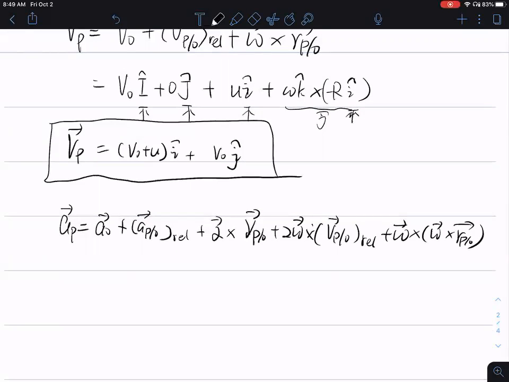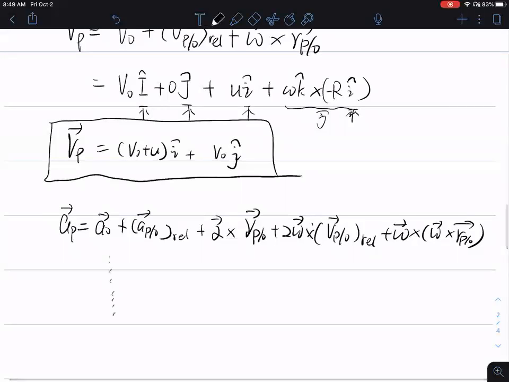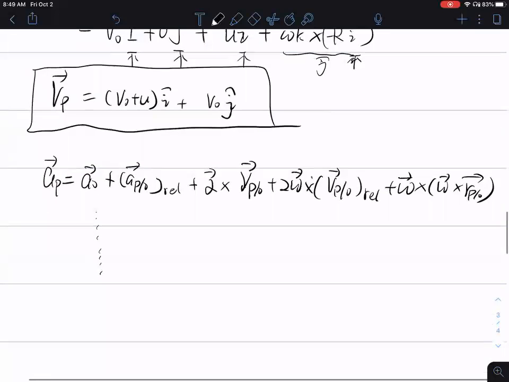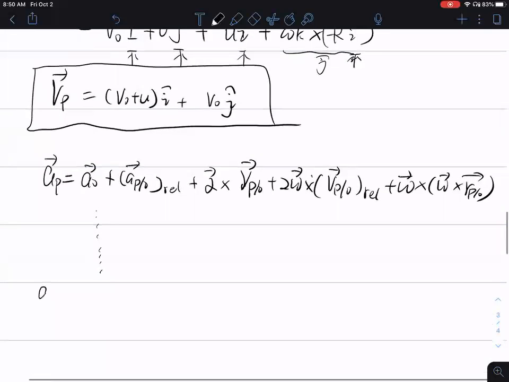Okay, that's the long equation for acceleration. And you can substitute everything you know into this equation. I will skip the million steps to solve this and just give you the final answer. But in your exam and the homeworks, please do not skip steps.